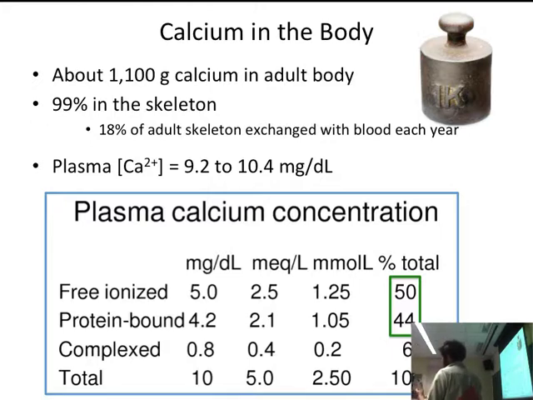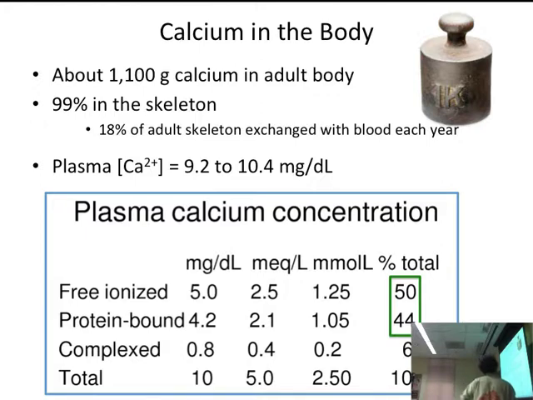That means about 1/5 of it was broken down and mobilized into the blood, and stuff from the blood was brought back and formed into the new skeleton. You're constantly remaking your skeleton, turning it over. So a lot of that is calcium that's getting liberated from the skeleton and then put back into the skeleton.